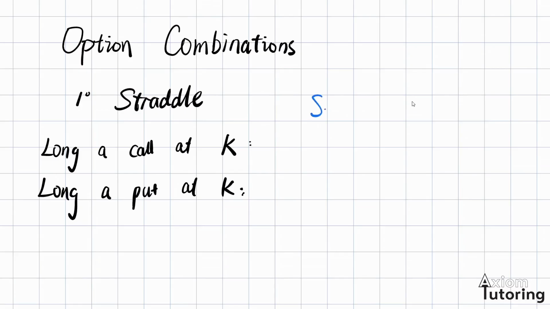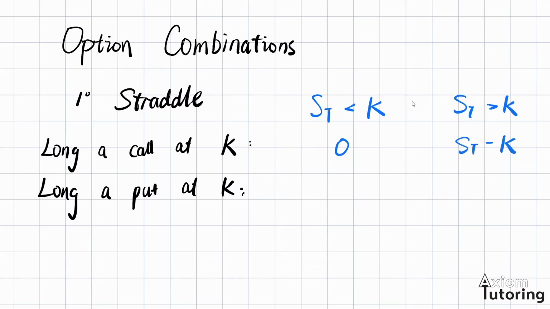So if ST is lower than K, then your payoff is 0. We're talking about the intrinsic payoff, not considering the price of the call option yet. If the stock price is higher than the strike price, then you exercise it, so the payoff would be ST minus K.